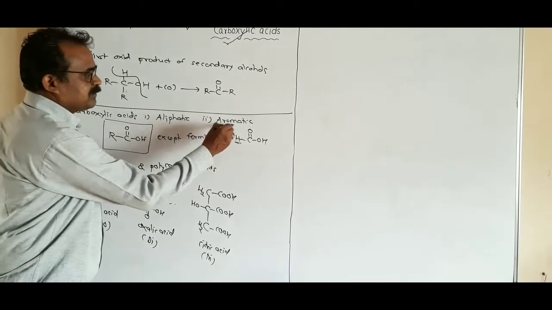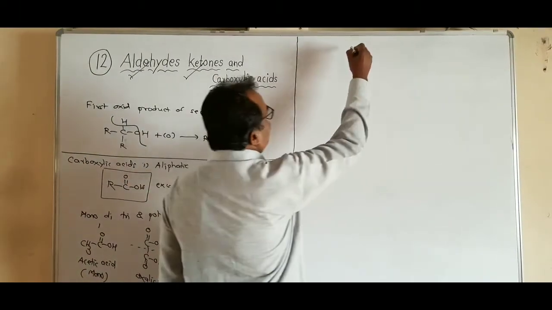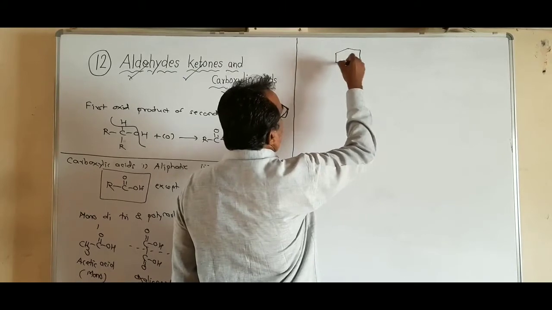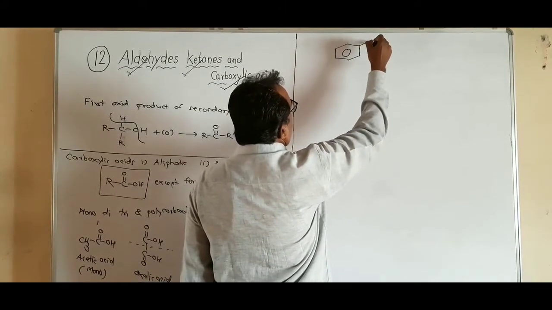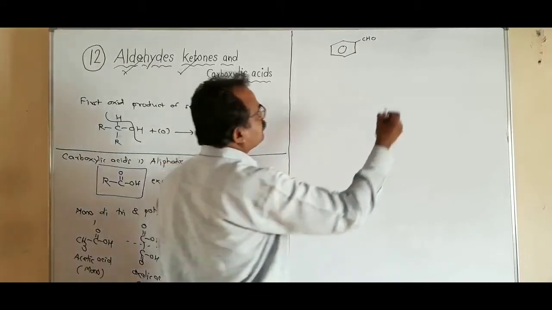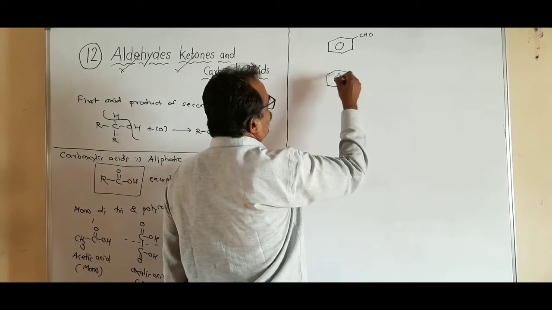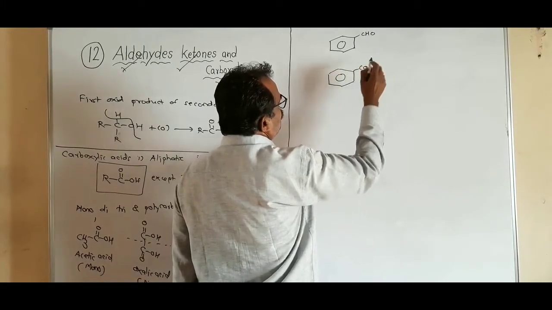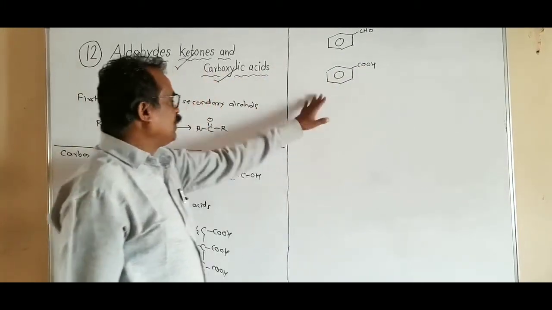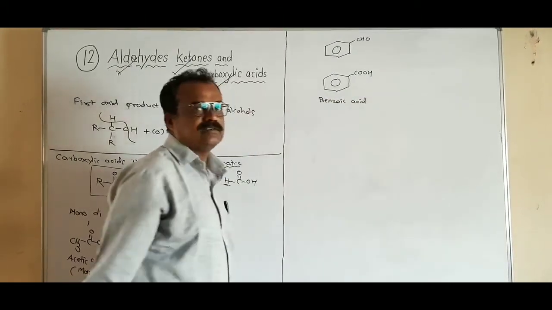And in aromatic carboxylic acid, the carboxylic group gets directly attached to the aromatic ring. We call them benzoic acid.